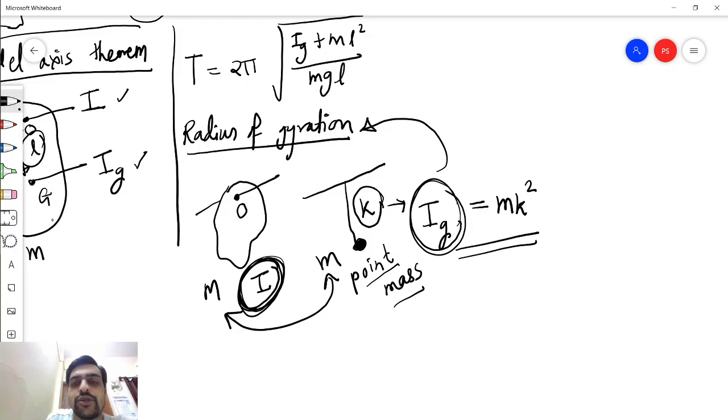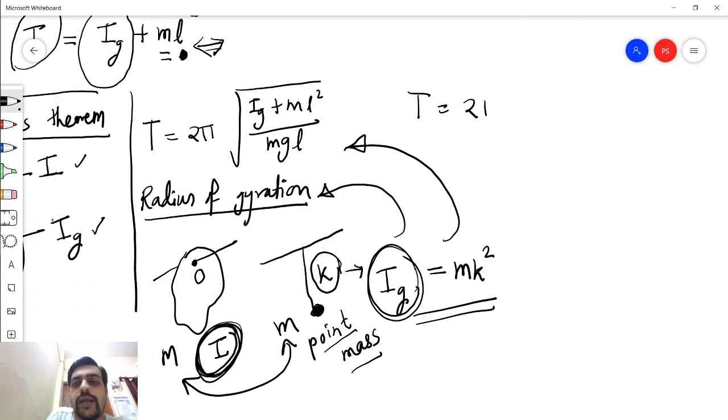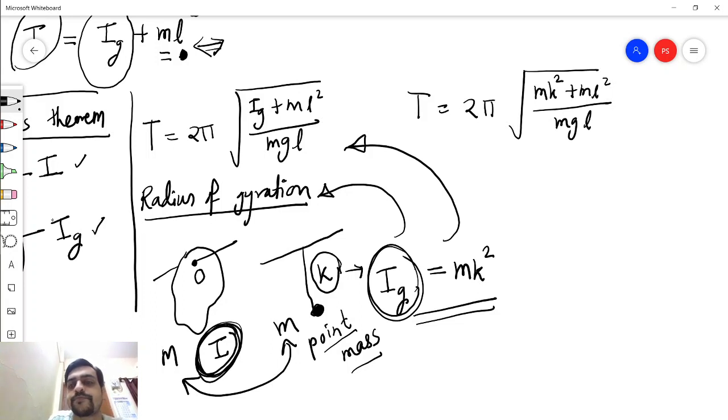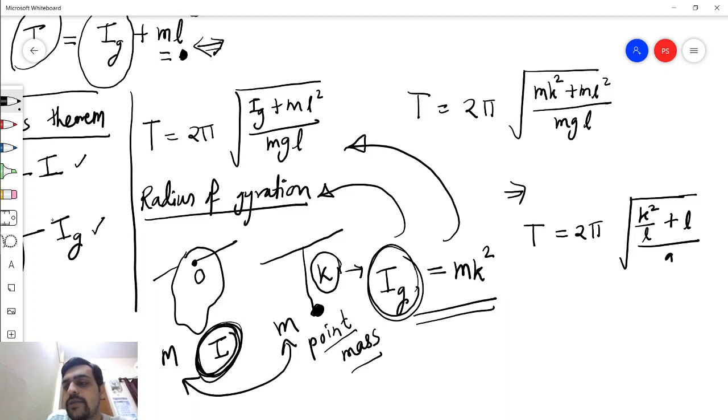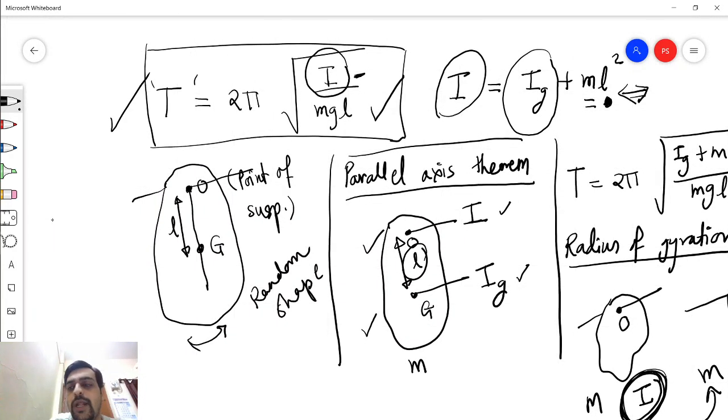Now this second equation is to be substituted here to get T equal to 2π under root (mk squared plus ml squared) upon mgl, which gives us T equal to 2π under root ((k squared by L plus L) by g). Now this modified formula is of much more practical use than the previously used theoretical formula.